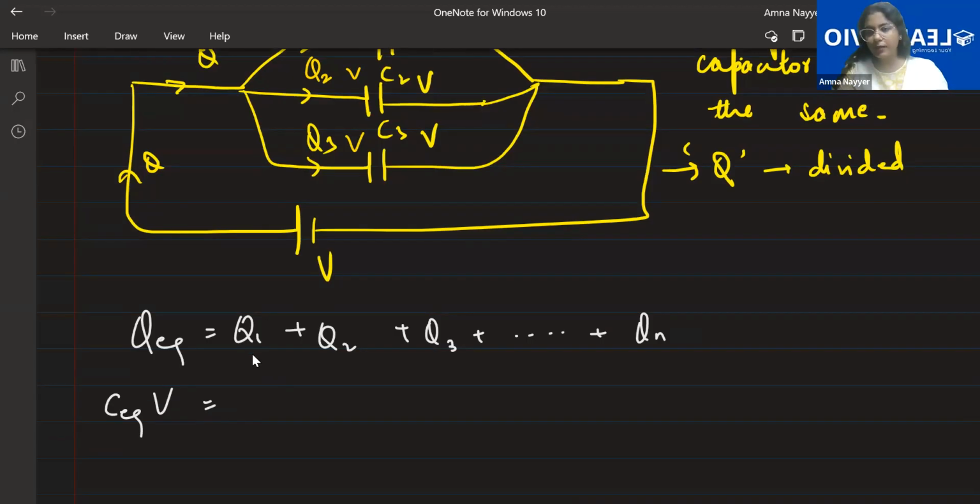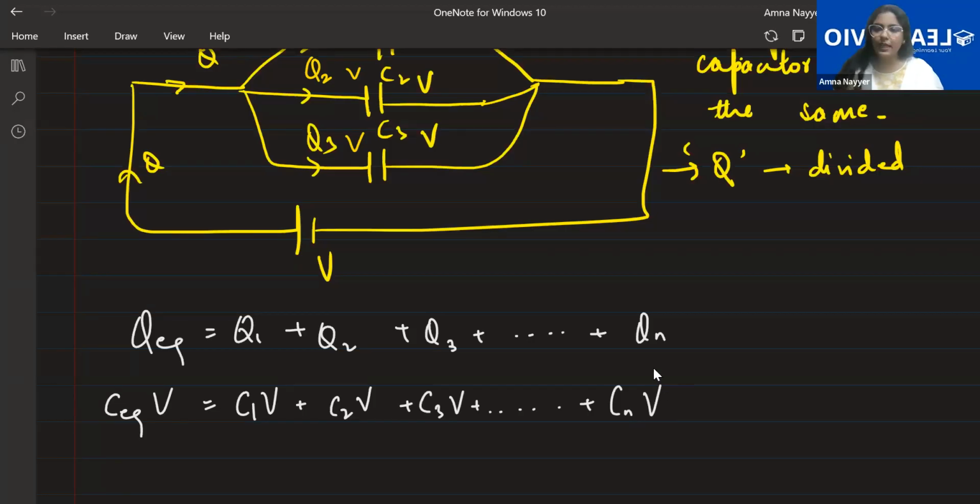For Q1, the first capacitor, the charge will be C1 into V. Then for the second charge, C2 into V. For the third one, C3 into V. Like this, so on, C4, C5, C6 and all, till Cn into V.